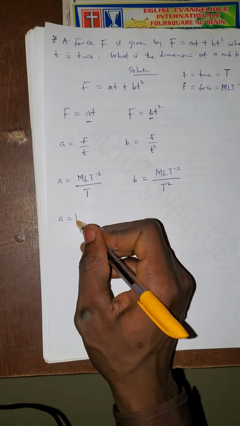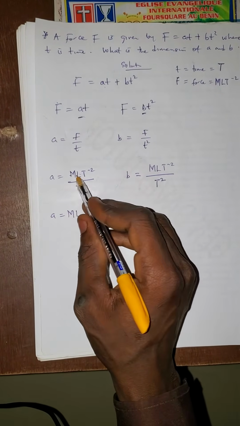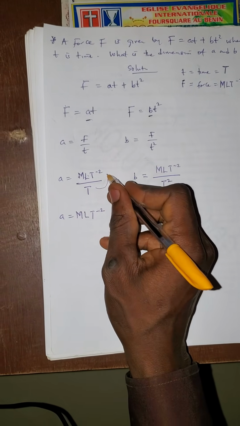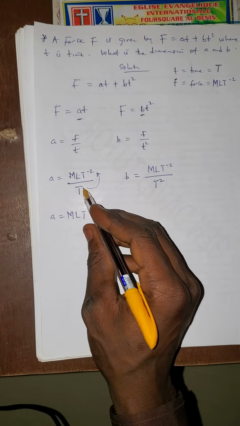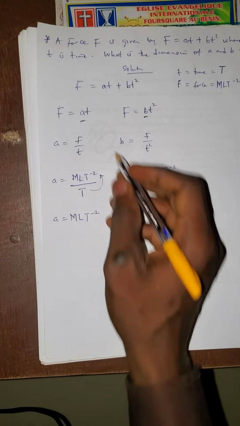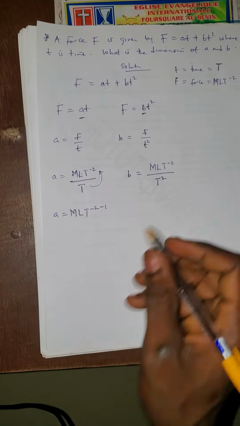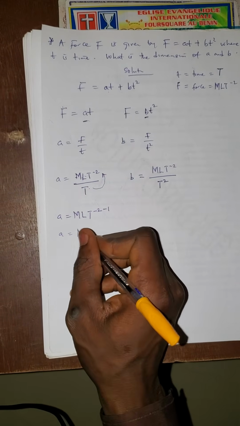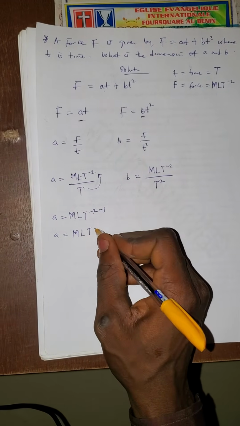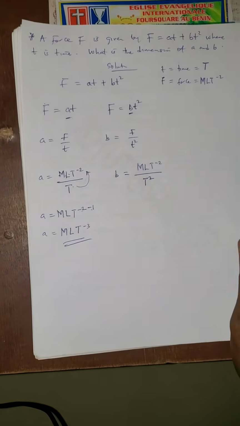A will become mL, because we have mL here, then T raised to power minus 2. The T at the denominator has the power 1. When it goes up, it becomes minus 1. So A here finally becomes mL, then T raised to power minus 2 minus 1, which is minus 3. So this is the dimension for A.